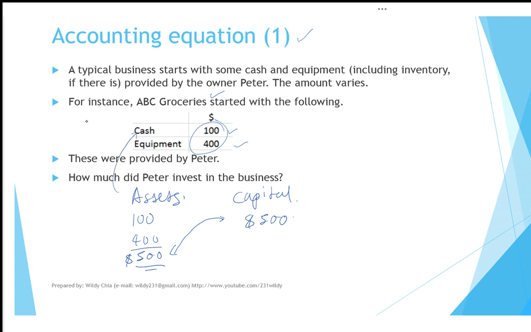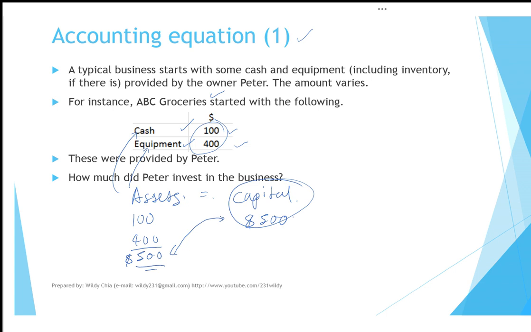Assets are basically anything that the business owns. Since these are provided by the business owner Peter, these are considered as owned by the business. And what is owned by the business? Cash and equipment. So you realize that whatever capital is put in by the owner should be equal to whatever assets are now within the business control. In this case, it's cash and equipment.